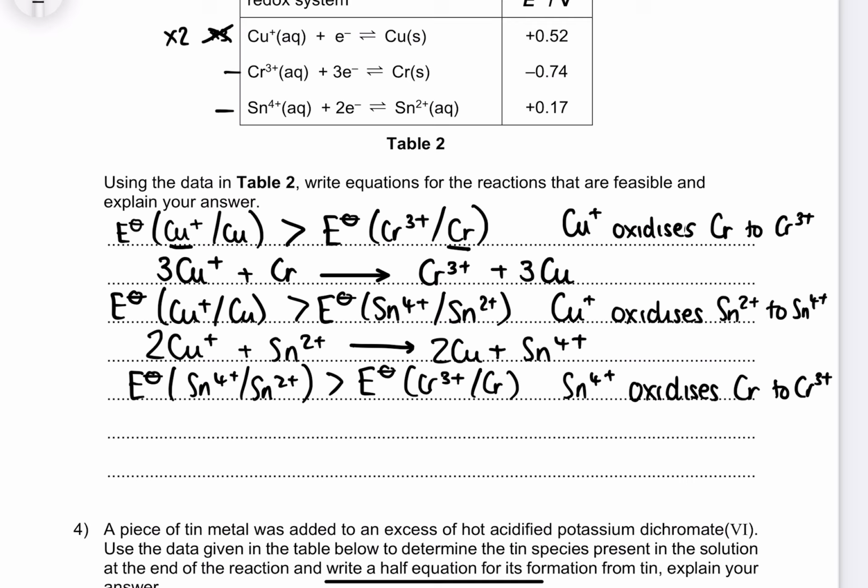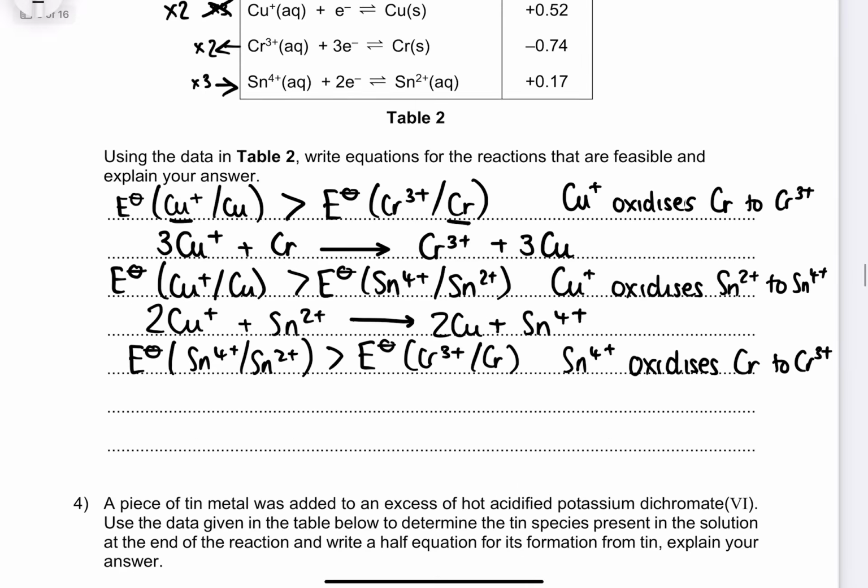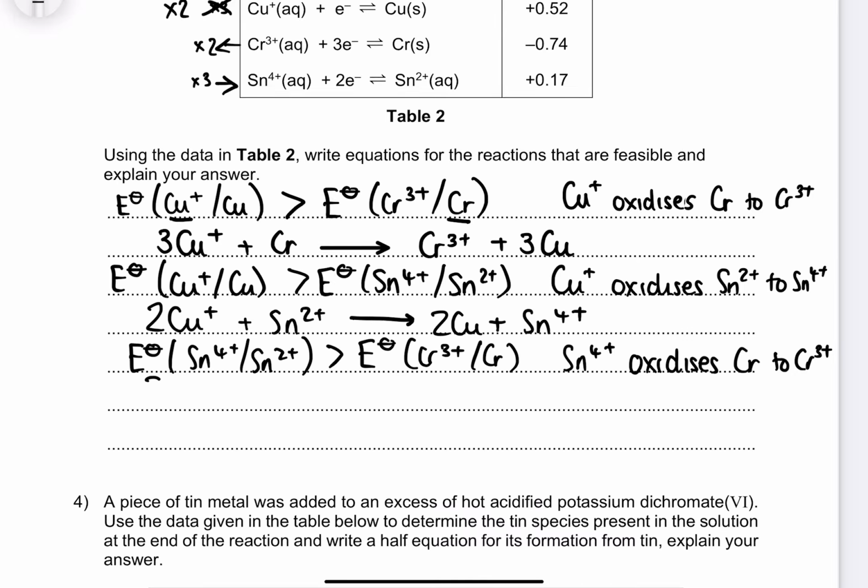To combine these two, this needs to be doubled and this needs to be times by 3, so they both have 6 electrons. Remembering the more positive one gets to go the way it's written and the negative one backwards. So 3 Sn4+ plus 2 chromiums, it's giving us 12 pluses on the left, is going to make 2 chromium 3+, that's 6 pluses, and 3 Sn2+, that's another 6 pluses. So the charges balance.